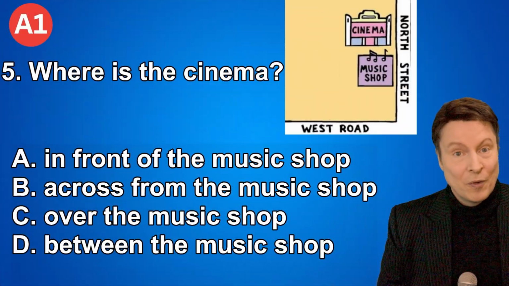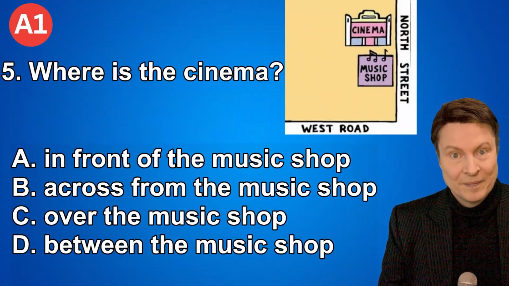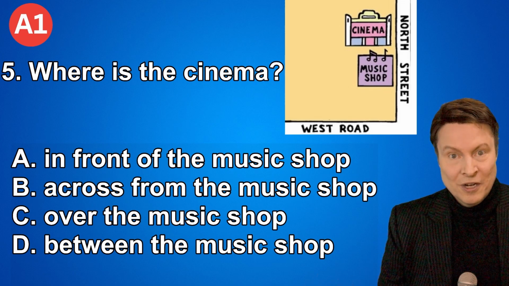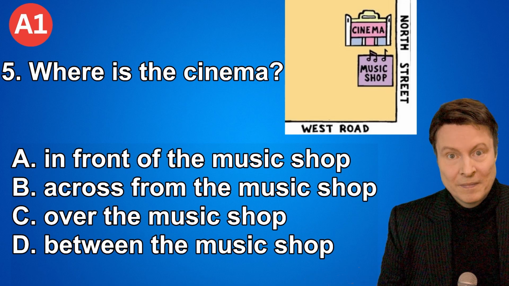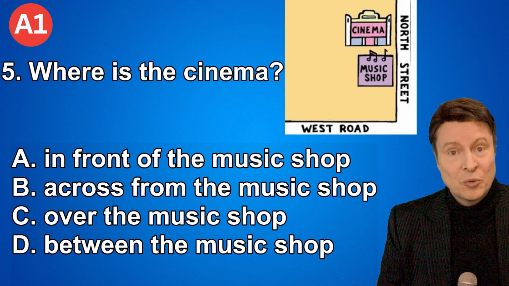Number 5, where is the cinema? A, in front of the music shop. B, across from the music shop. C, over the music shop. D, between the music shop.